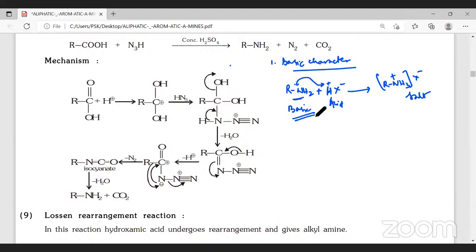So amines are basic because they react with hydrogen acids to form a salt. Now you should know that lone pair of electron donors are called Lewis bases. So amines are generally called Lewis bases because they can donate a pair of electrons.